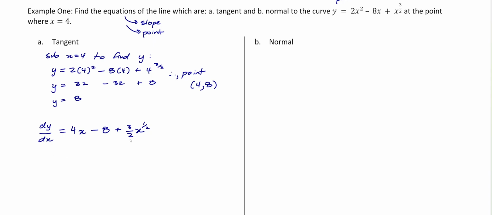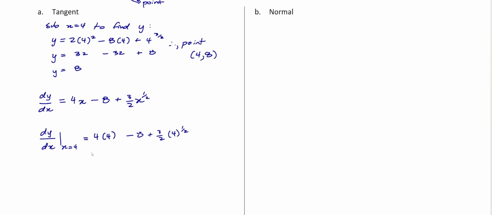And now I'm going to evaluate this derivative at x is equal to 4. So I'm going to find the slope of the tangent line at x is equal to 4. So I just sub in 4. Okay, and I find that the derivative at 4 is equal to 11.